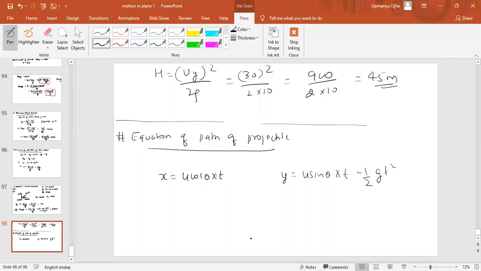So u sin theta into t minus half g t square is the y coordinate, and the x coordinate is u cos theta into t.